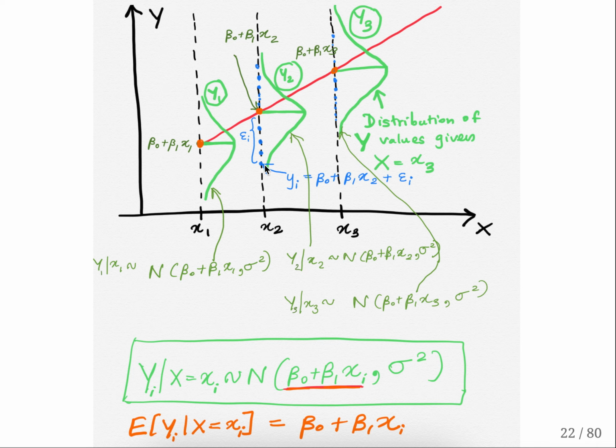This sample point can be written as yi equals beta naught plus beta 1 xi, that is this value, plus the error term epsilon i. Epsilon i is the error term. Likewise, each observation has an associated error term.